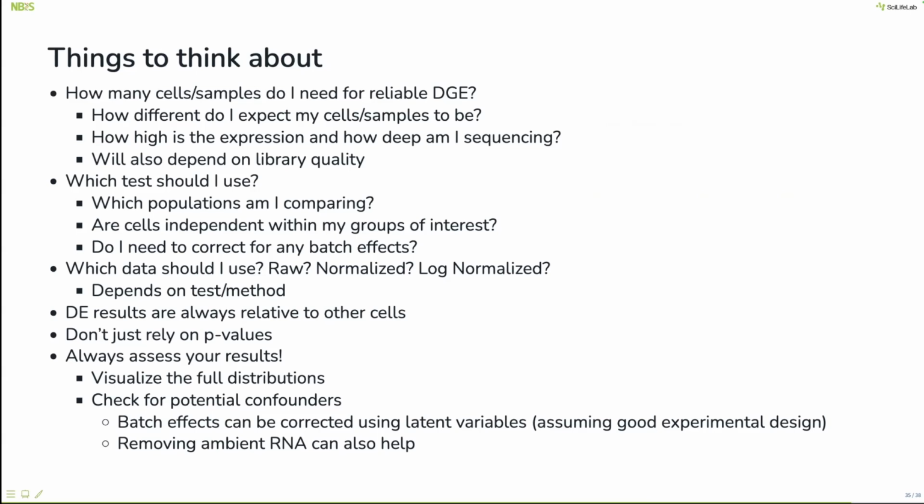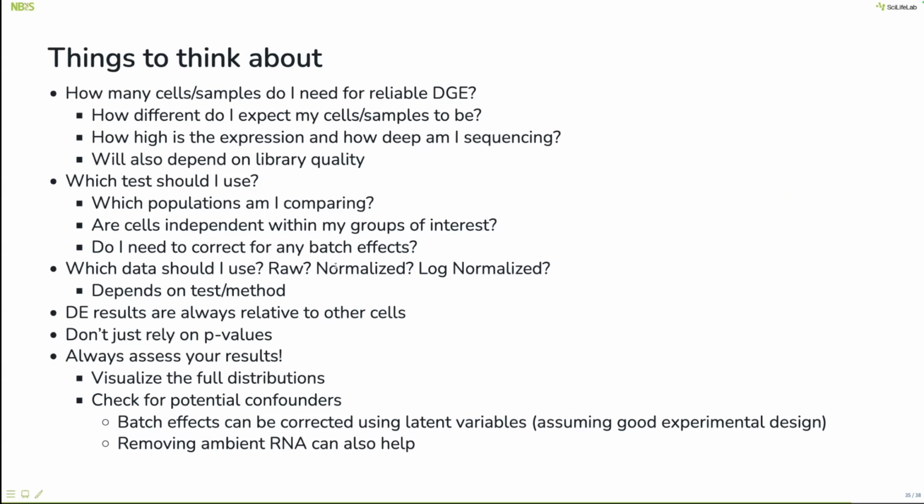Whenever you find a result, check whether it correlates with any of these other factors that could affect the result. To some extent, you might be able to correct for batch effects with latent variables. And also, as mentioned previously in the QC lecture, sometimes if you remove ambient RNA, you can remove some of the effects from differences in populations.